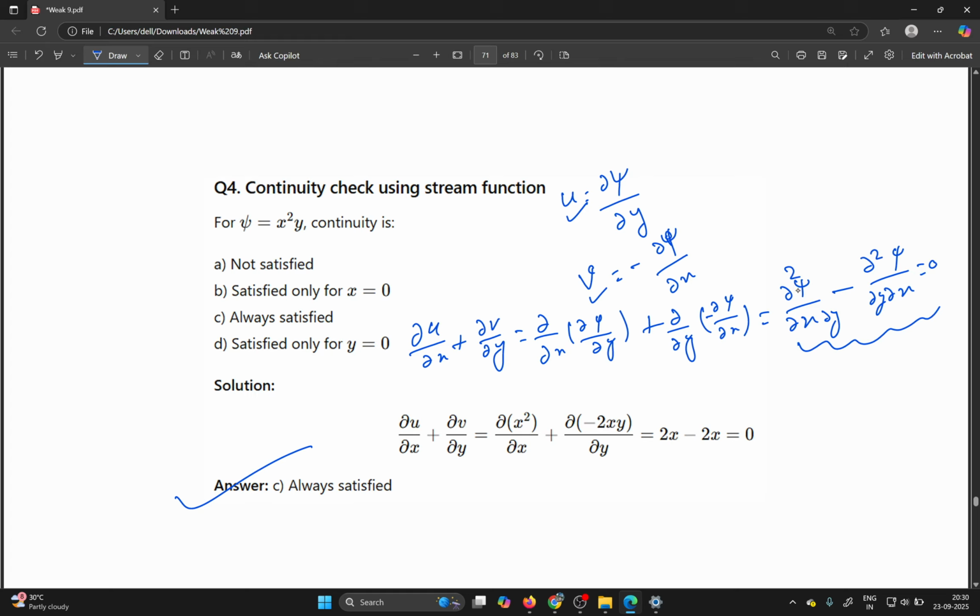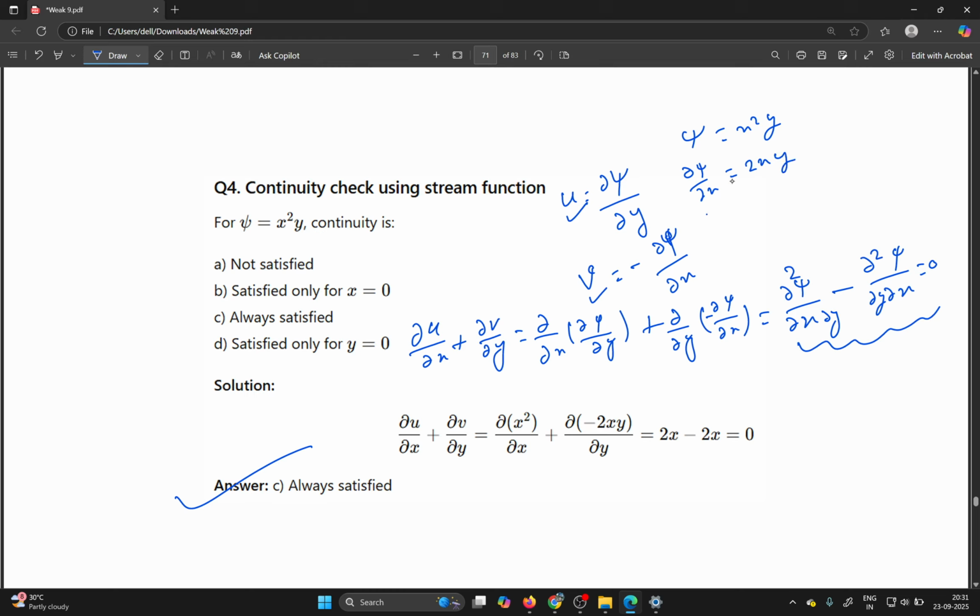So let us differentiate psi first with respect to x. Remember one thing, your psi is equal to x square y. When you differentiate with respect to x one time, del psi by del x comes 2xy.